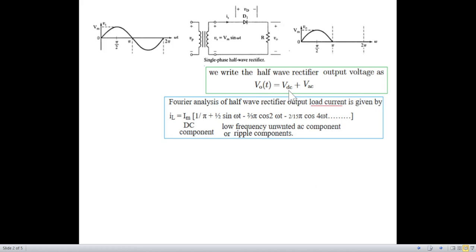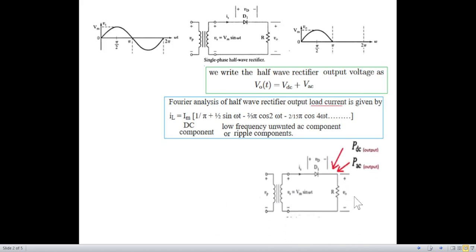So we have VDC and we also have VAC. And similarly, we'll have DC power at the output and also an AC power at the output. For DC power, and to just isolate that we are talking of the output side, I've just written O here.